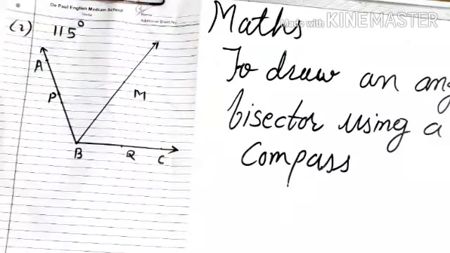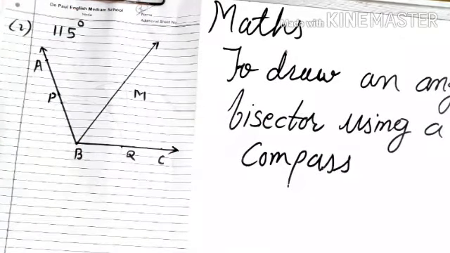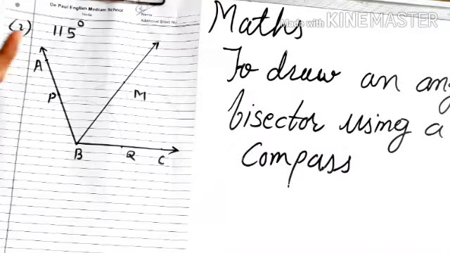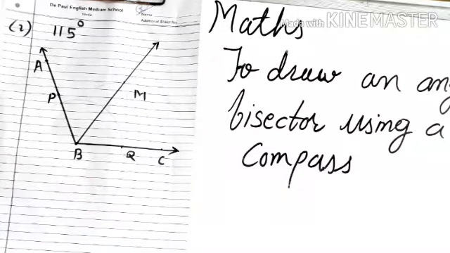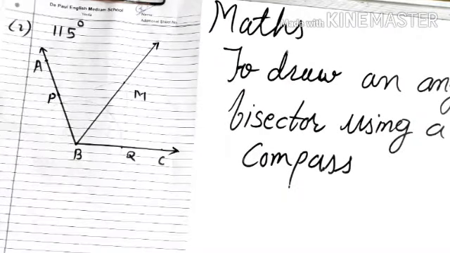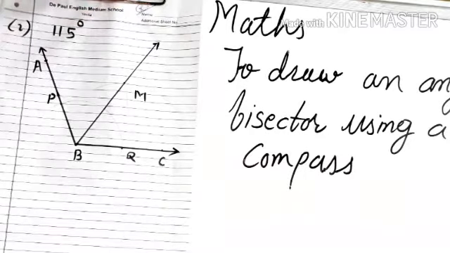So this is all about how to bisect an angle of 115 degrees. Only the measurement was given. First we drew the 115 degree angle and then bisected it using the same steps as I have told you. Is it clear to you now?